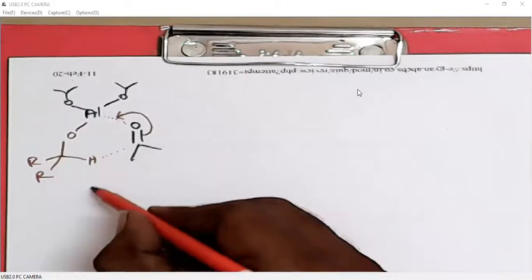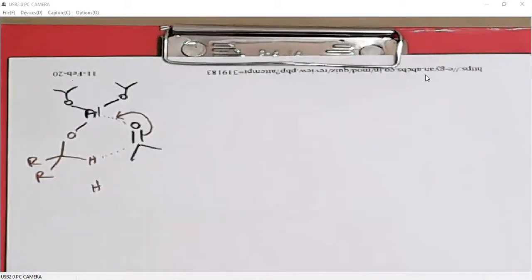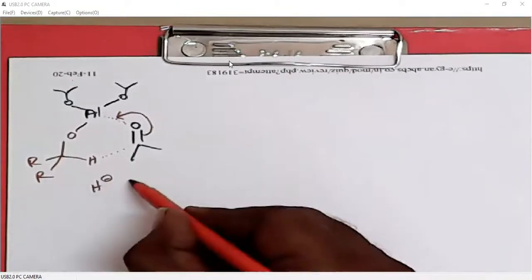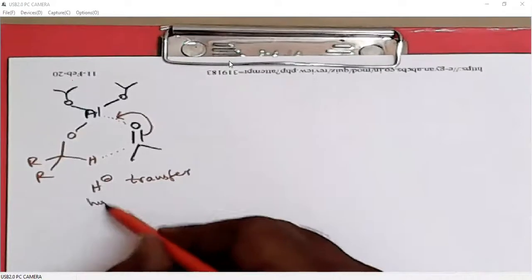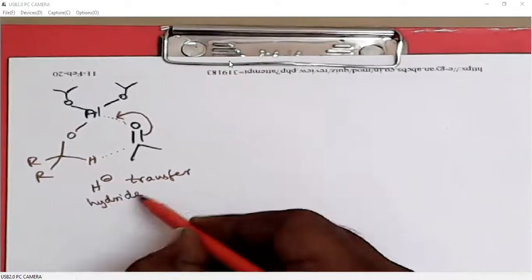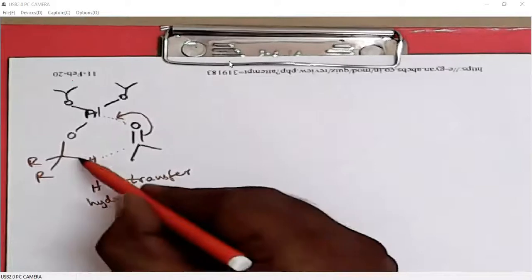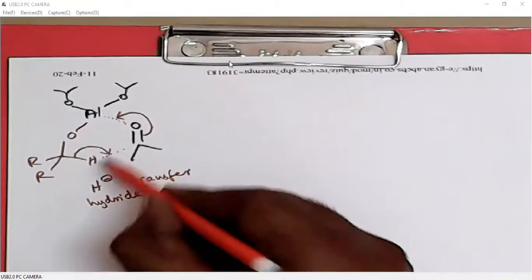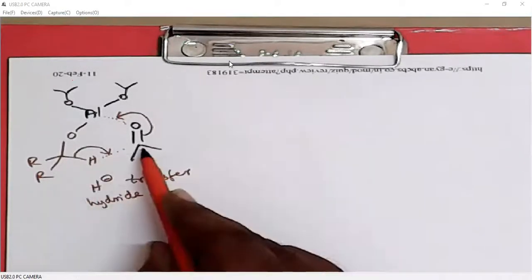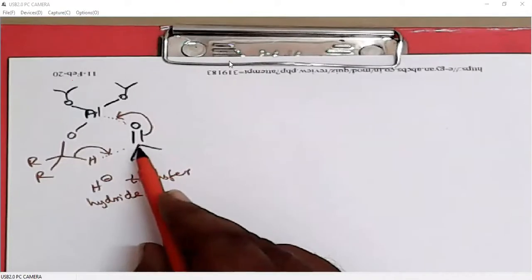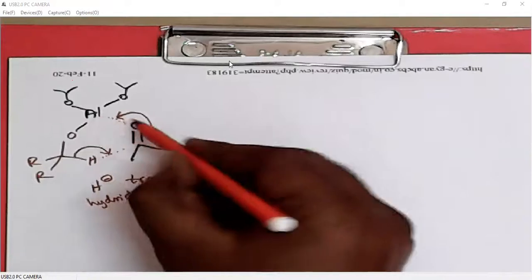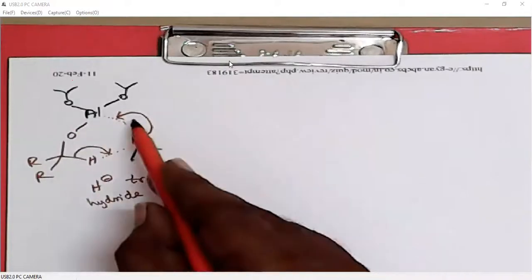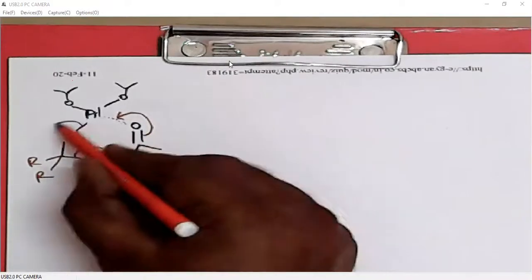This is what we can say is hydride transfer, H minus, hydride. Hydride transfer takes place, which means the hydrogen will be shifted to acetone. Then since aluminum is already having 3 bonds, now one more bond is forming, so we will break this.